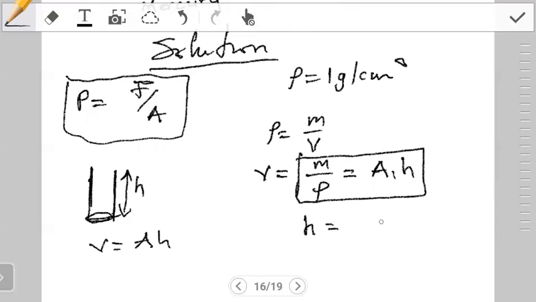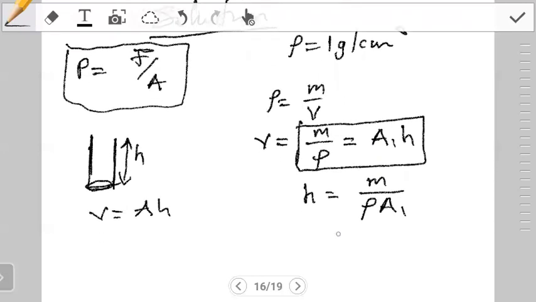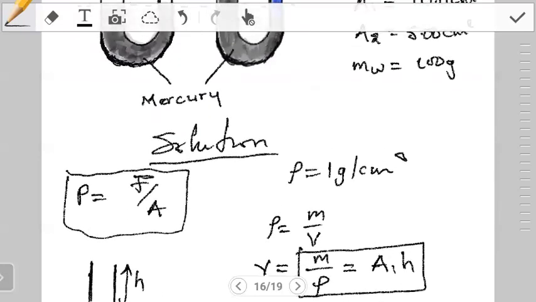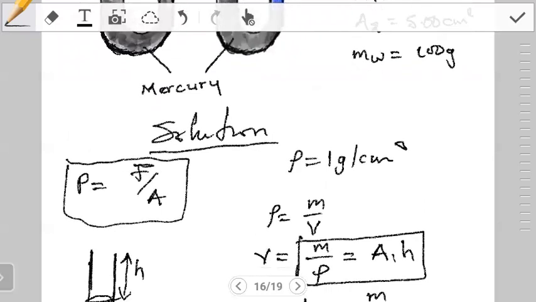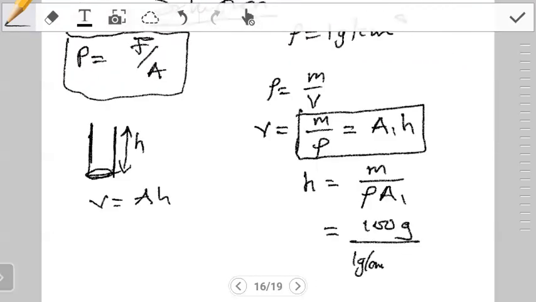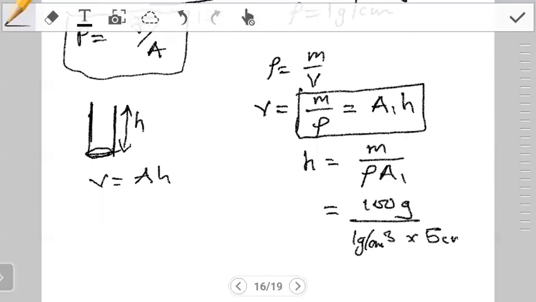So this becomes the mass over the density multiplying the area A1. When we perform our substitution, the mass of water from the question is 100 grams. The density we're using is 1 gram per centimeter cubed. And this is multiplying the cross-sectional area, A1, which is 5 centimeters squared.